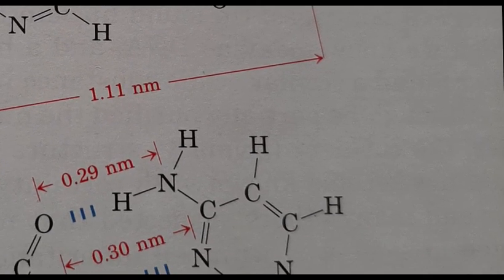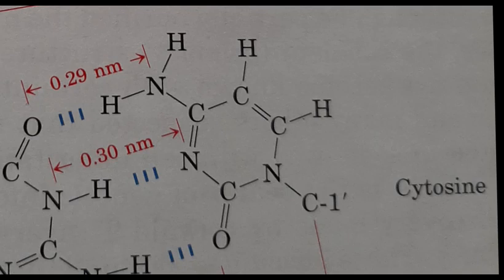Now come to cytosine. It is called 2-oxy. I think now it has been clear to you that on the 2 carbon position there is CO, oxygen is there. 2-oxy, 4-amino means on the 4 carbon position there is NH2. 2-oxy 4-amino pyrimidine.